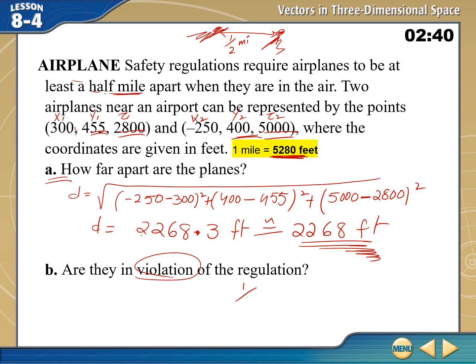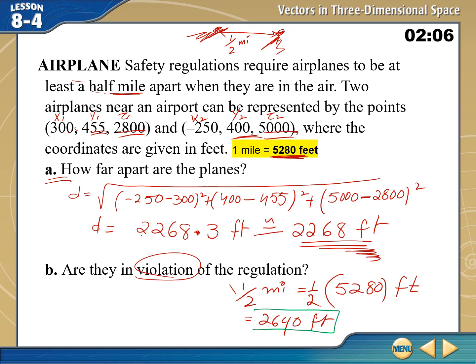So if 1 mile is 5280 feet, for the half mile you multiply it by the half: 0.5 multiplied by 5280 gives us 2640 feet. So at least this distance should be maintained.